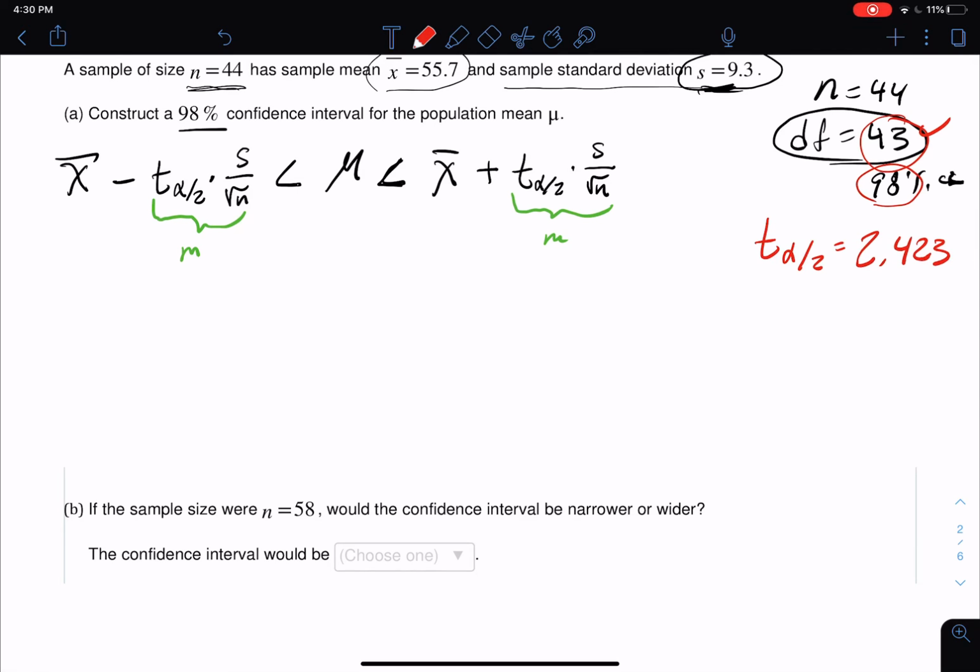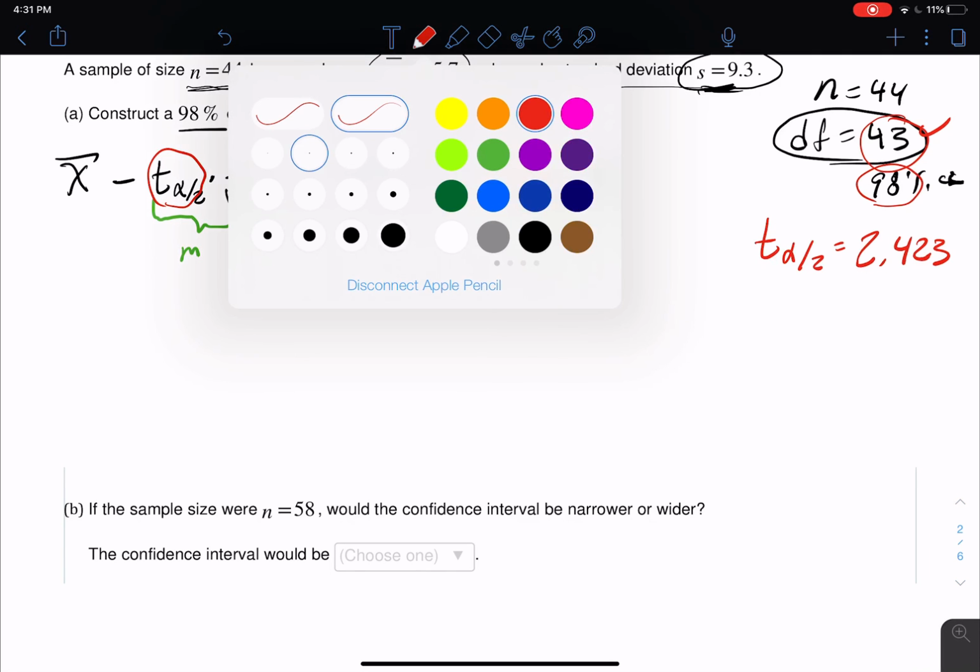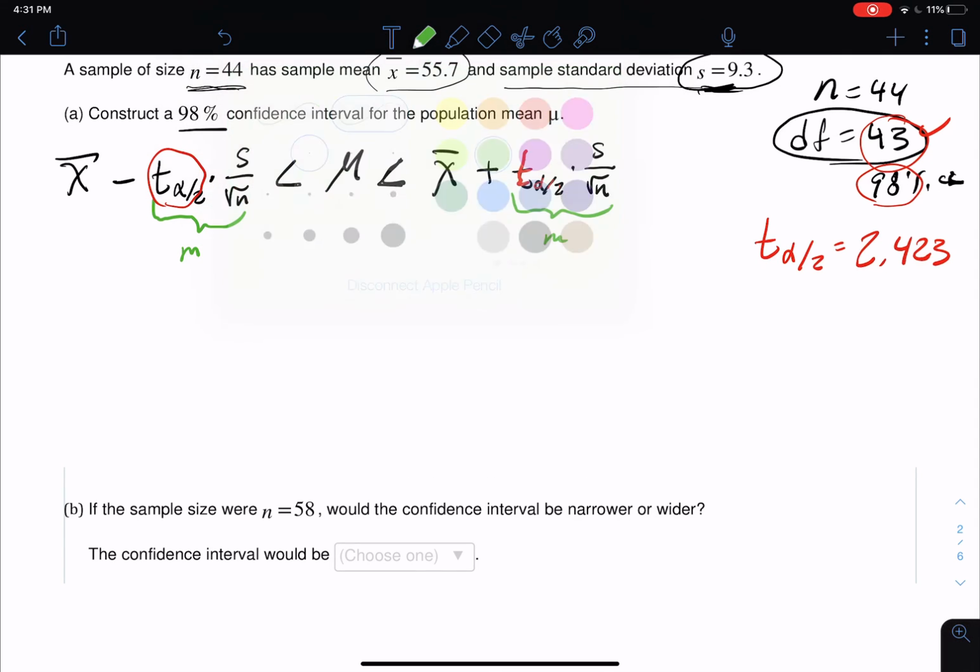There's our critical value, and that actually is this part of our formula, right? And this part of our formula. So now, the next thing I want to get is our margin of error. Remember, margin of error is going to be the critical value times S over the square root of n.